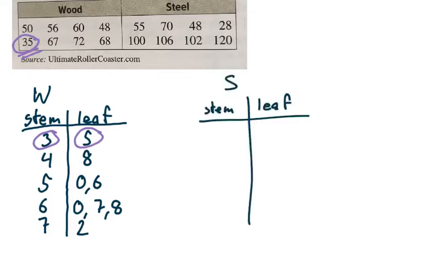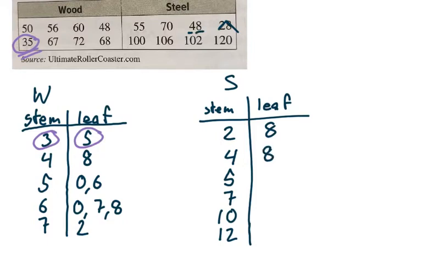For the steel roller coasters, if we do the same thing, I've only got stems of 2, 4, 5, 7, 10, and then 12, because we only go out to the 120s. And then my leaves are, on the 2 stem, an 8 leaf. On the 4 stem, I've got another 8 as the leaf.